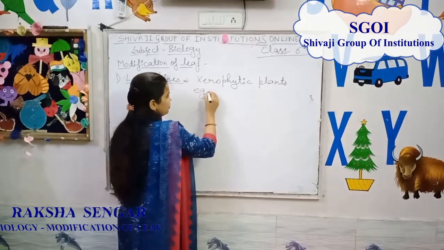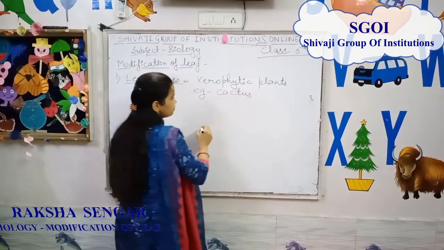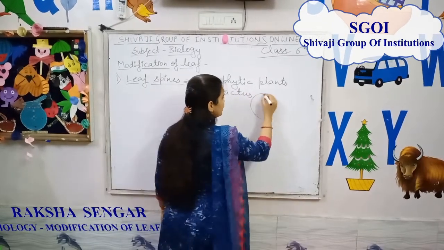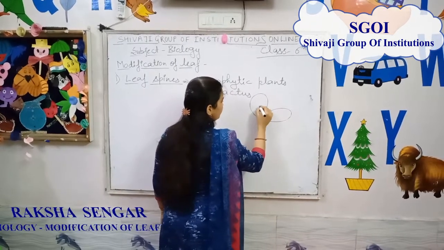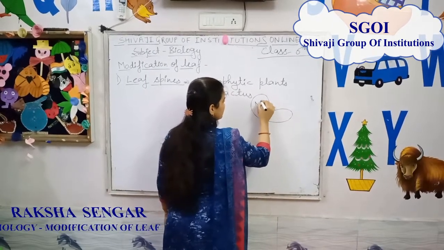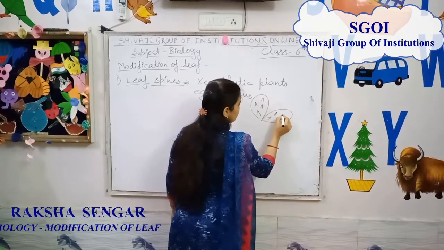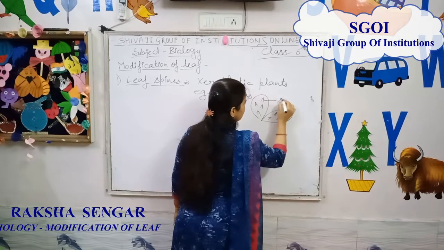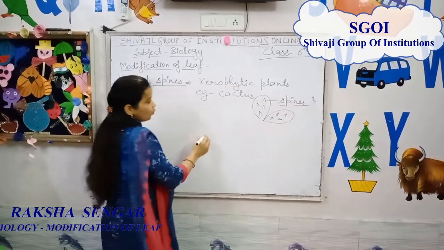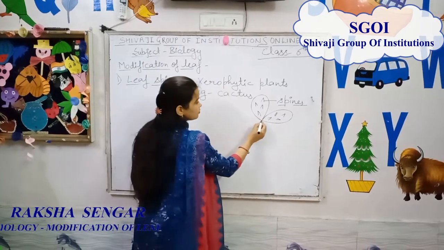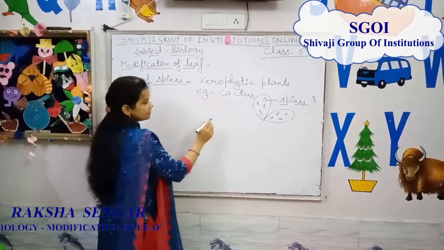So what is the example of xerophytic plant? Cactus. In cactus plants, leaves are modified into sharp pointed structures, and these structures are called spines. So what is the main function of leaves being modified into spines?